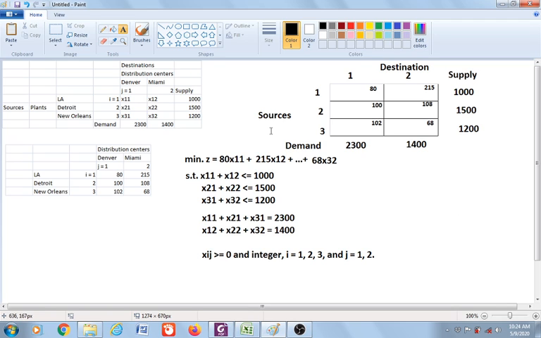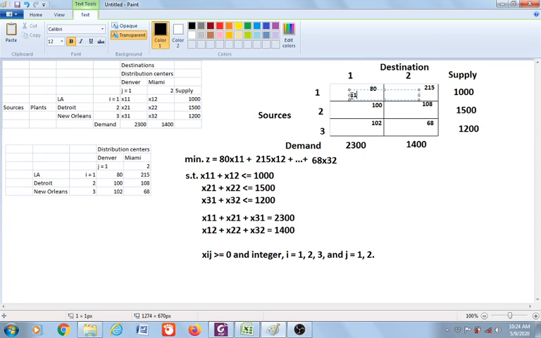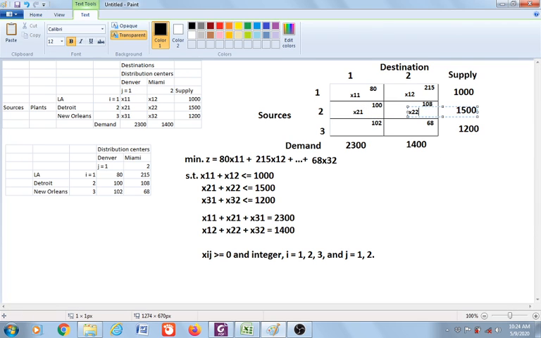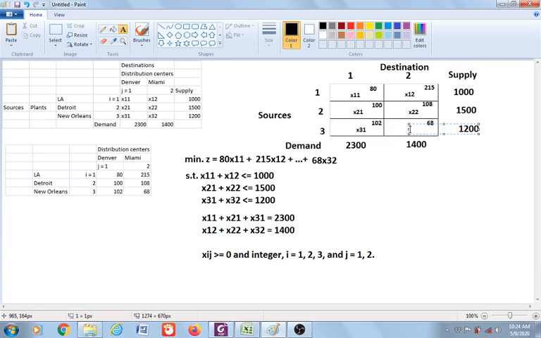And in the cell, we will put the decision variable. So this will be x11, x12, x21, x22, x31, and x32. We will find the values of x11 up to x32 by using that special algorithm.